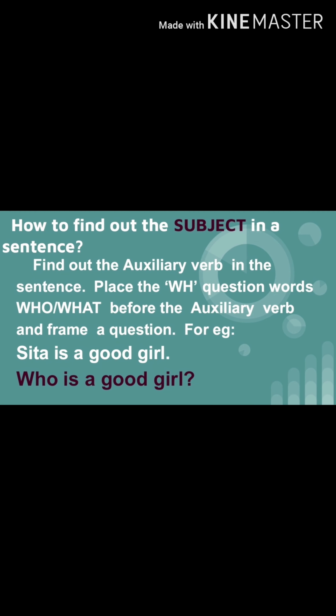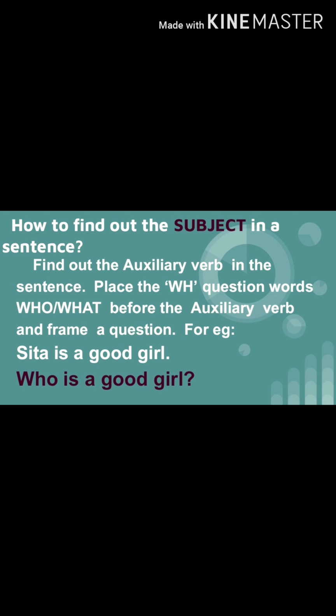Now, let us learn how to find out the subject in a sentence. Look out for the auxiliary verbs in the sentence. Place the WH question words who or what before the auxiliary verbs and frame a question. For example, Sita is a good girl. In this sentence, is the auxiliary verb.